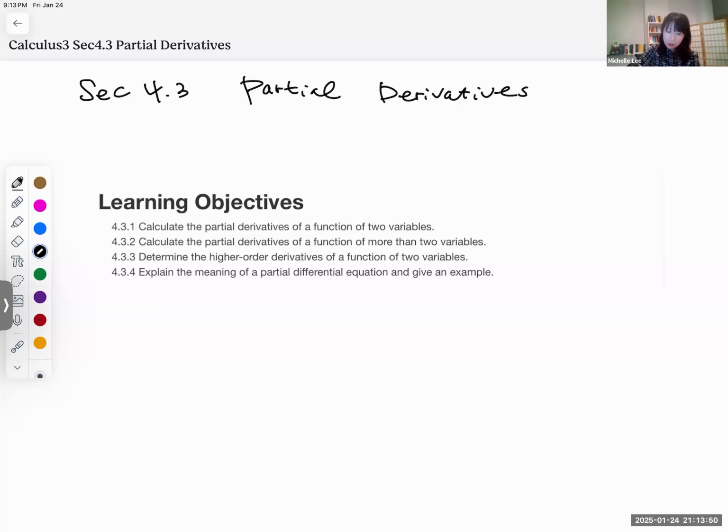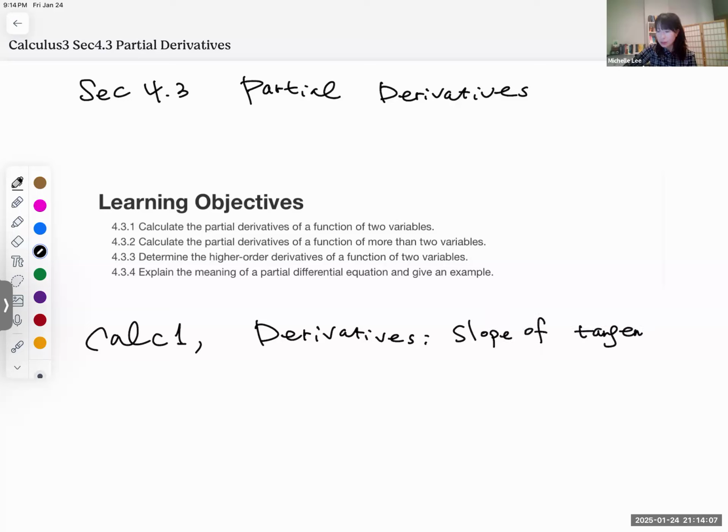From calculus 1, we had derivatives, which is the slope of a tangent line, right? Slope of tangent line. So we had the graph.